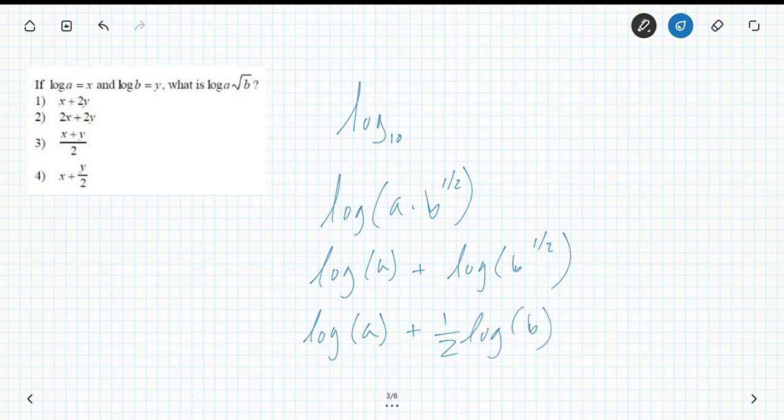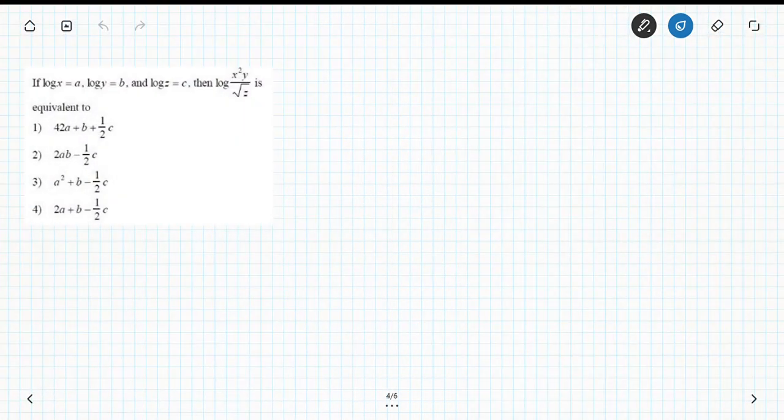Okay, and since you know that the log of a is going to be x, we can rewrite this as x plus 1/2 y. Okay, and that would be answer choice number 4. Okay, so you just gotta rewrite your logs as products or quotients and make sure that your exponents are written at the front. Okay, the next thing we want to do is problem number 3.